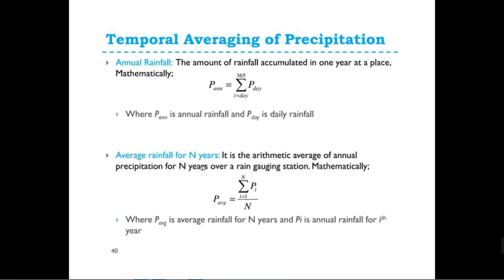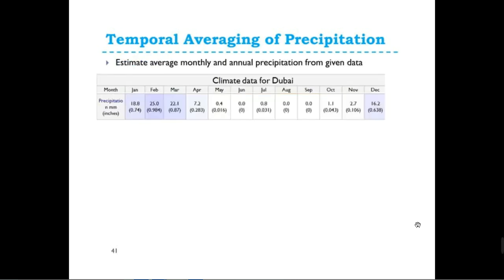Average rainfall for n years is the arithmetic average of annual precipitation for n years at rain gauge stations. Mathematically, P average equals the sum of Pi, from i equals 1 to n, divided by n, where P average is rainfall for n years and Pi is the annual rainfall for the i-th year.